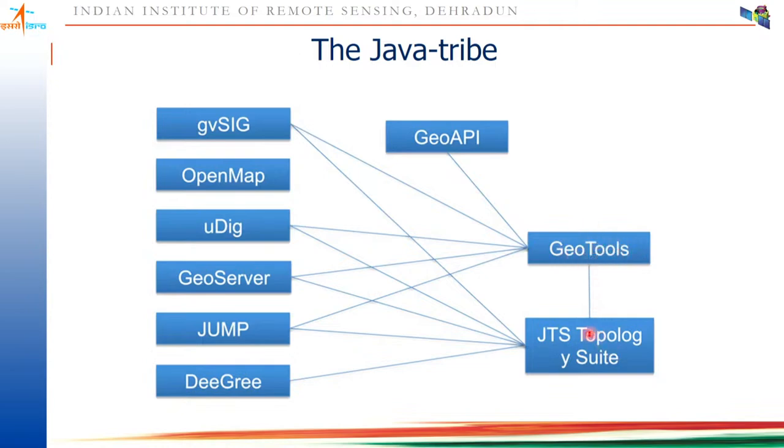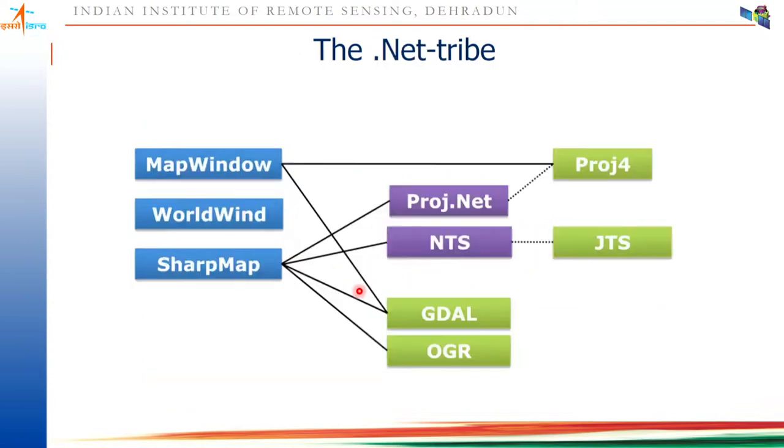GeoTools and JTS, that is the Java Topology Suite, are very important libraries which are used by mostly all of the Java based softwares such as GVSIG, Mudig, GeoServer, Jump, and Degree. So, again, a very intricately mixed ecosystem in the Java programming language.